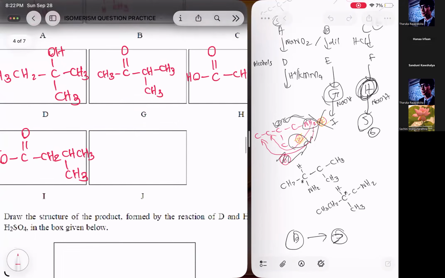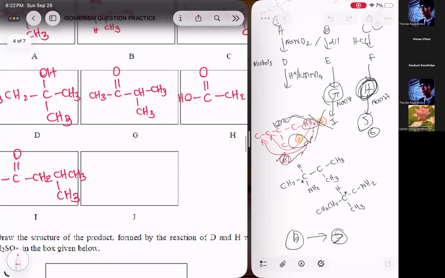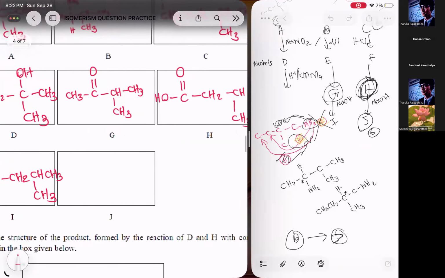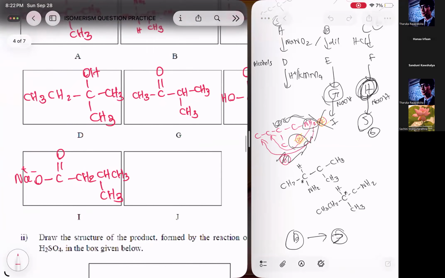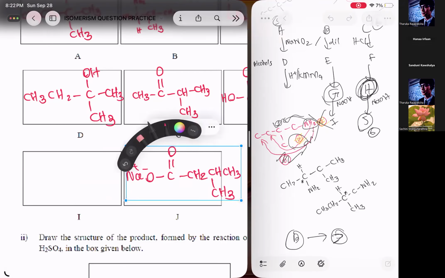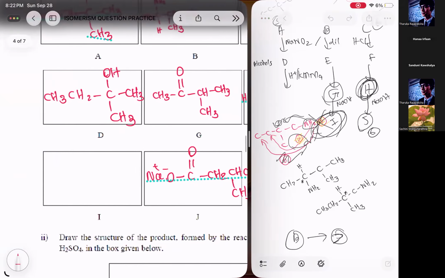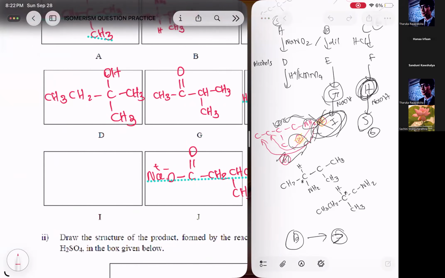Compound J is formed from H after reacting with... I had put it under I. Oh my god, I had to shift this then. This one is here. Compound I should be here. So it is formed from G. So it is an aldol condensation.